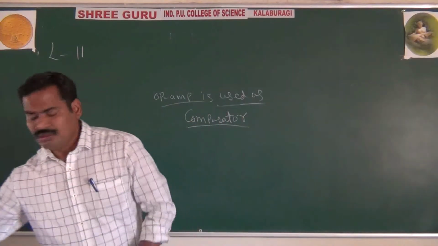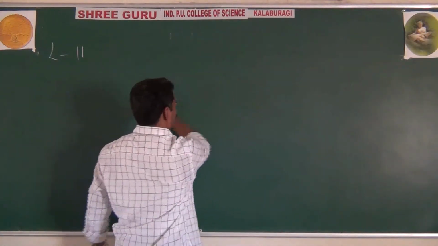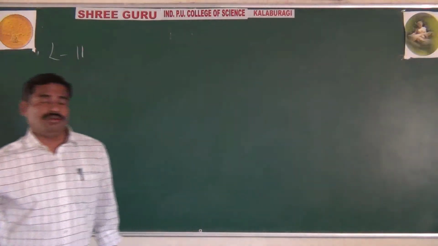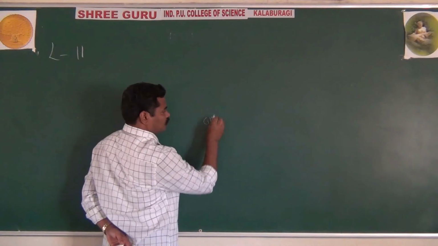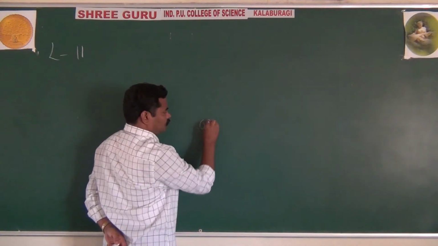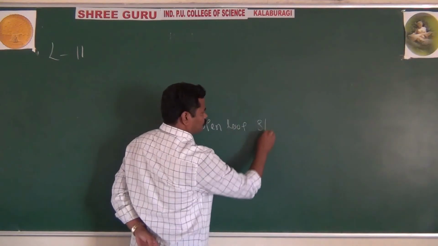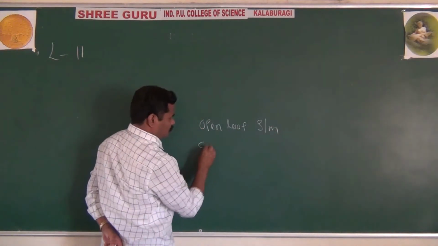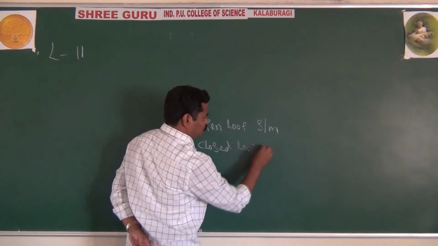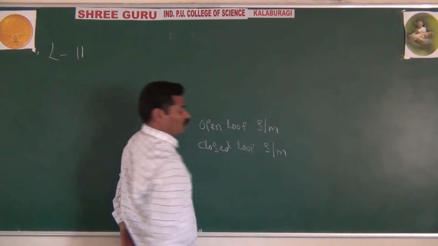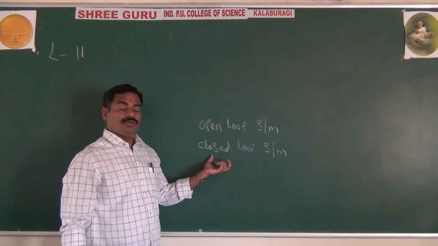Before going for the comparator, you go for what is called an open loop system and what is called a closed loop system.